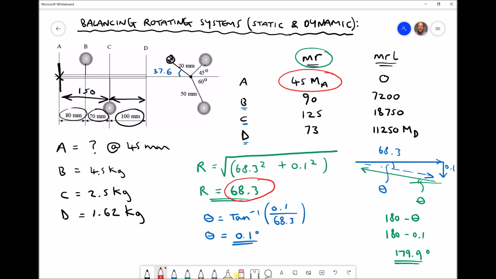So we can write the following in the bottom left-hand corner. R equals 45 Ma. Ma equals R over 45, or in this case, 68.3 over 45, which gives us a mass A equal to 1.52 kilograms.